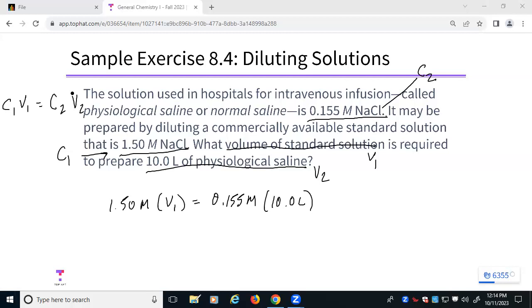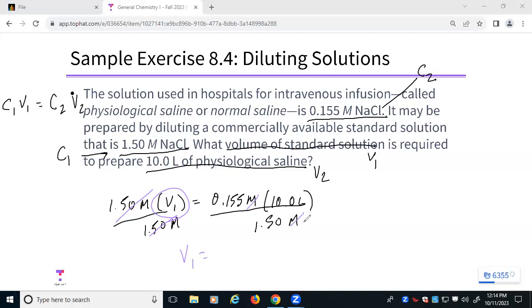Well, this equation sets up pretty easy to be solved. I need to get V1 by itself, so I'm going to divide each side by 1.5 molar. And when I do that, on the left-hand side, everything cancels out except for V1. And on the right-hand side, only the concentration units cancel.